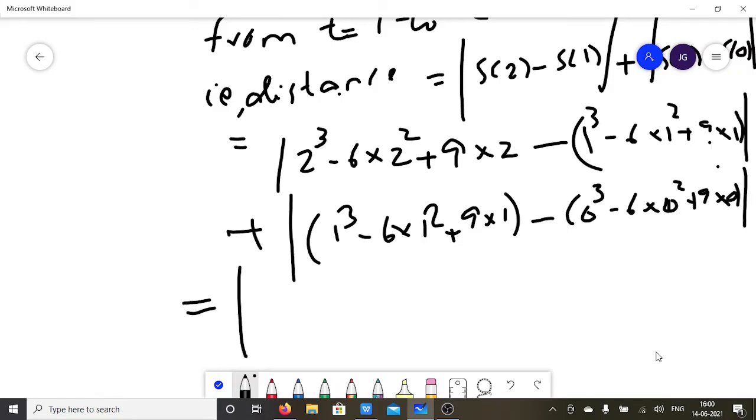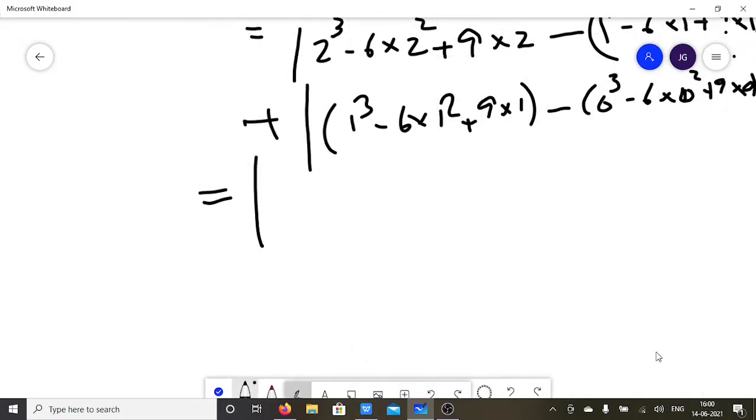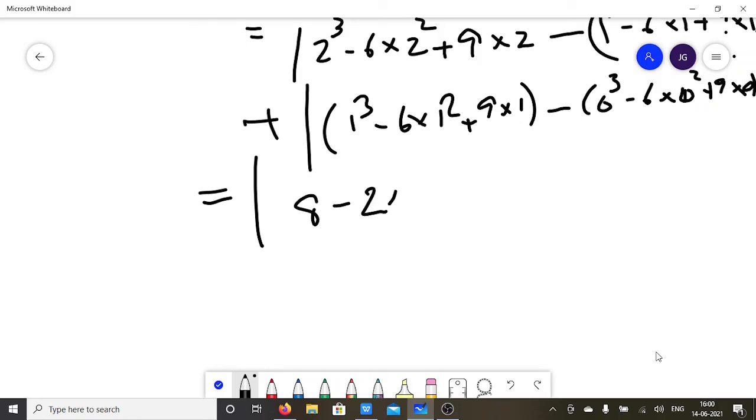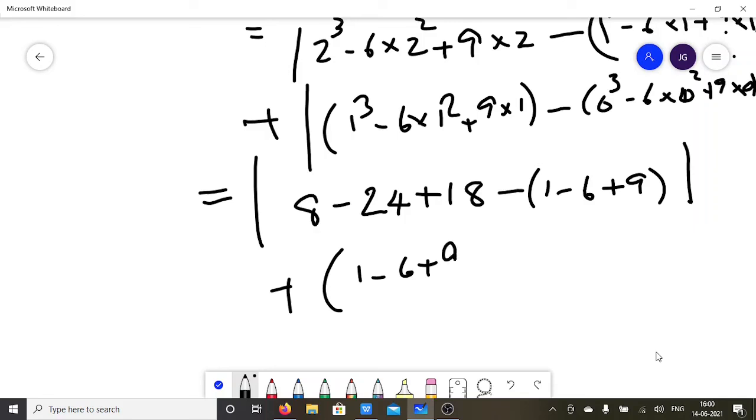Which is equal to modulus of 8 minus 24 plus 18, minus 1 minus 6 plus 9, plus 1 minus 6 plus 9 minus 0.